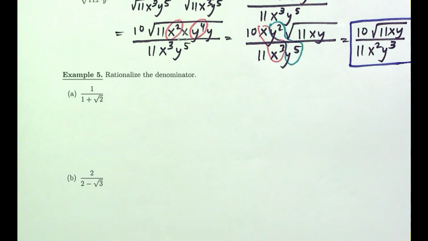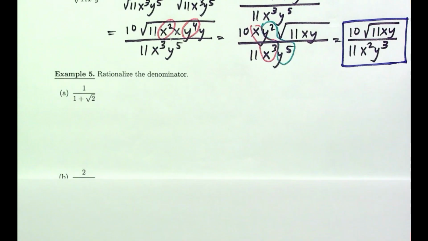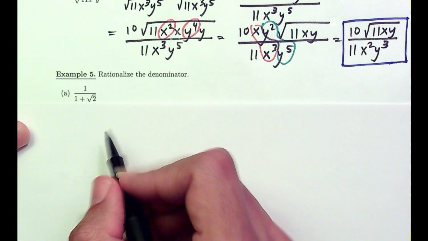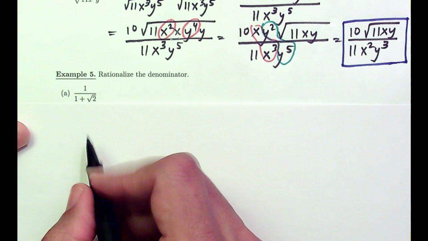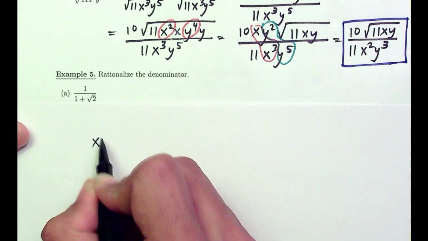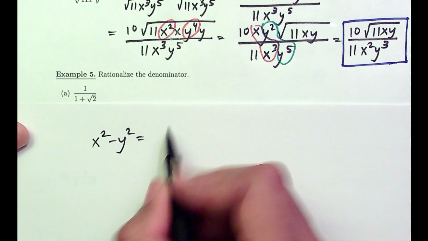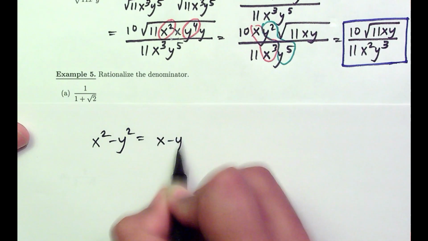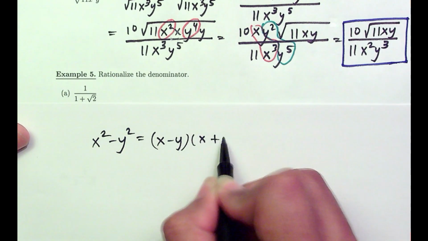For this, we're going to use a little formula that we're really going to see later in more detail, but is the difference of squares formula for factoring. But anyway, you have this formula, you probably have seen it. How to factor difference of squares? This is x minus y, x plus y.